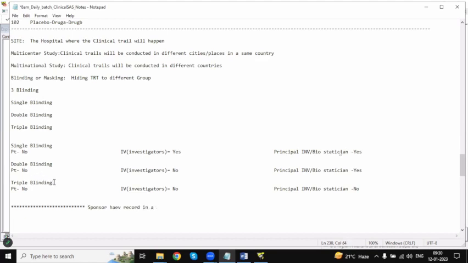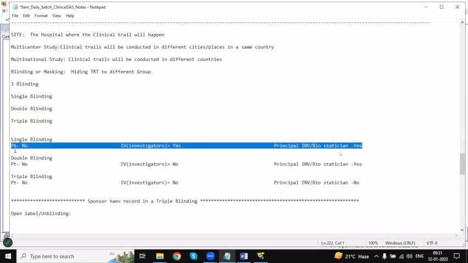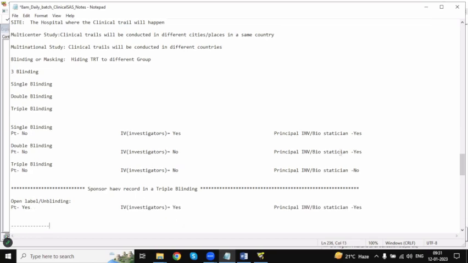Important. Next. The last one is open label, or unblinding. Unblinding means everyone knows, even patients, investigators, and principal investigators. Yes to everyone. Unblinding. Clear?